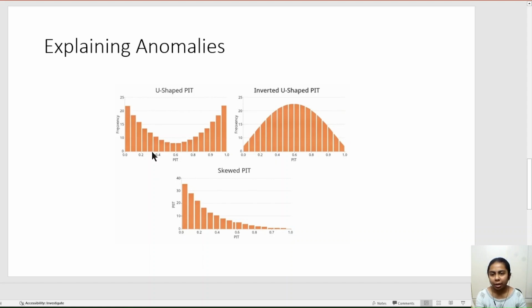So the actual outcomes are concentrated at the edges of the CDF. For the skewed PIT, the outcomes are concentrated at the zero part of the CDF. That means the actual outcomes are much worse than the predicted outcomes. That is, the model is more optimistic.